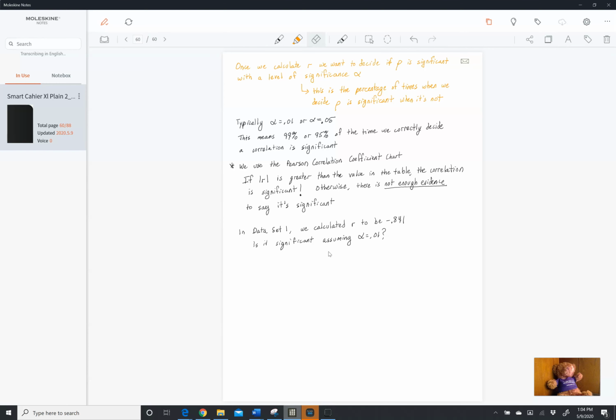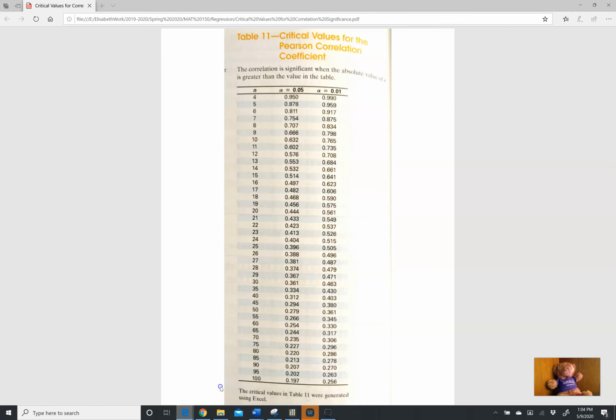Okay, well, how do we do this? So in our chart, we look at alpha equals 0.01 and n equals 7. So we go to our chart. n equals 7, alpha equals 0.01. So we get 0.875.